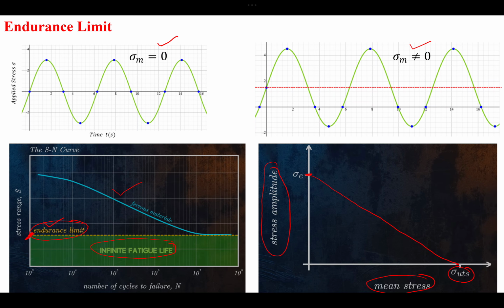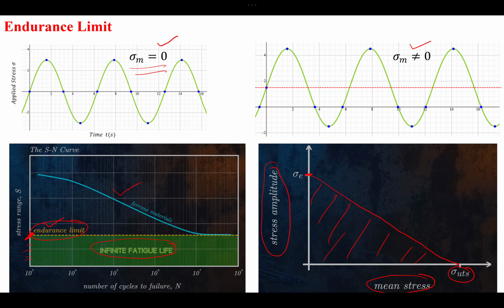Okay, and this gives us the region that we are interested in, that will give you the infinite fatigue life. So if you notice here, whenever you have a fully reversed cycle where mean stress is equal to zero, whatever stress is below the endurance limit is okay. You will have an infinite fatigue life.